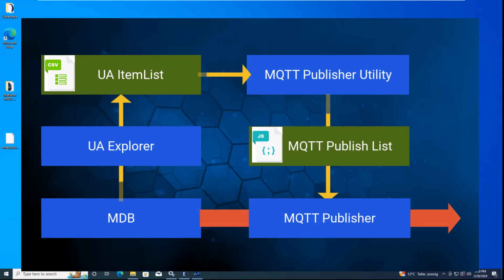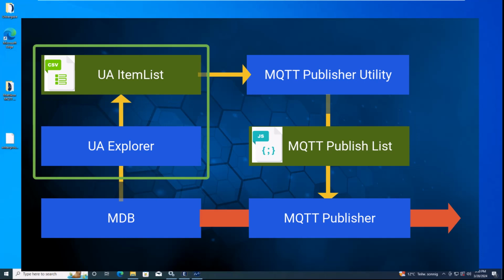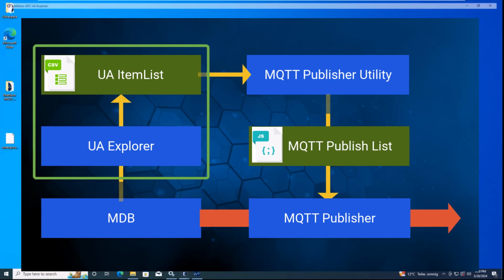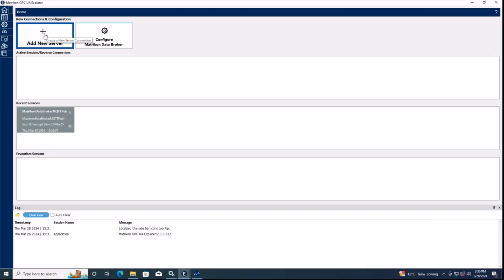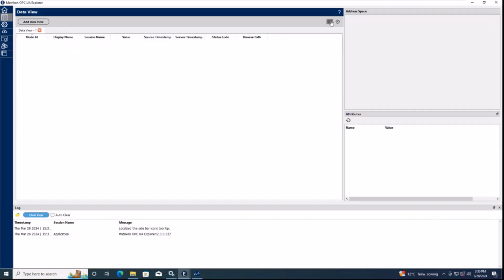In order to get this CSV file, we require the UA Explorer again, because with this Explorer, we can use the export feature to export subscribed tags, which then can be used within this utility.